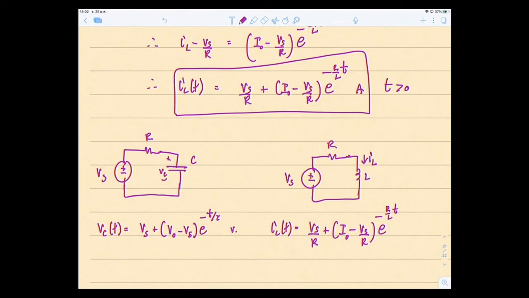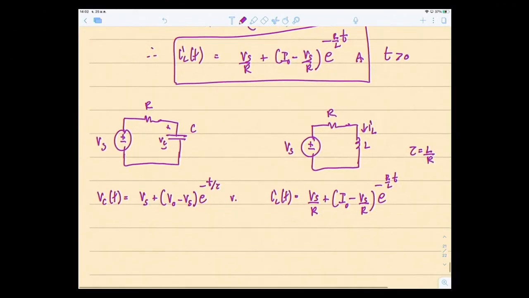Or actually we can say that for us tau is L over R. So if tau for our time constant is L over R, therefore our IL of t is equal to Vs over R plus I naught minus Vs over R, e to the minus t over tau.